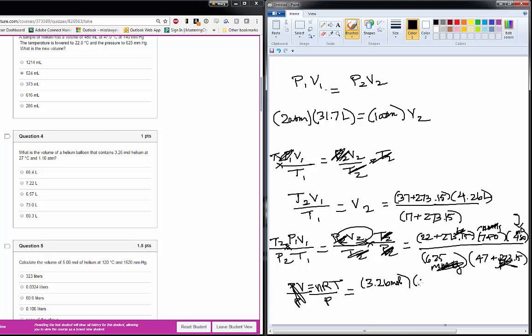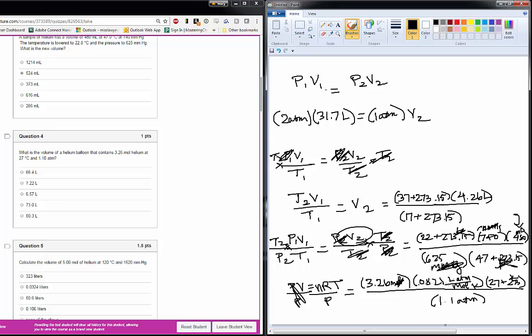R is 0.0821 liter atmospheres per mole K. T is 27 degrees Celsius, 27 plus 273, that's going to make it Kelvin. And finally, 1.1 atmospheres on the bottom, that's my pressure.